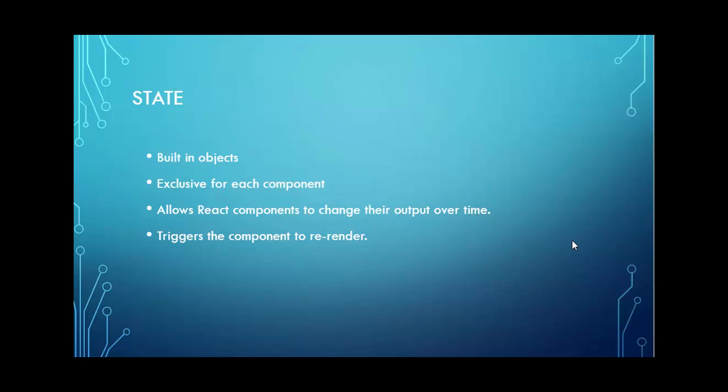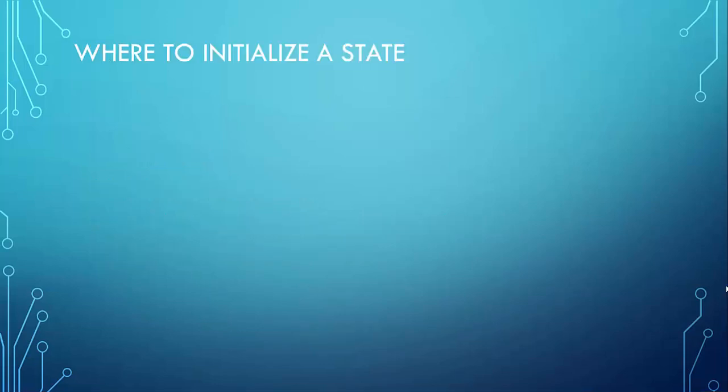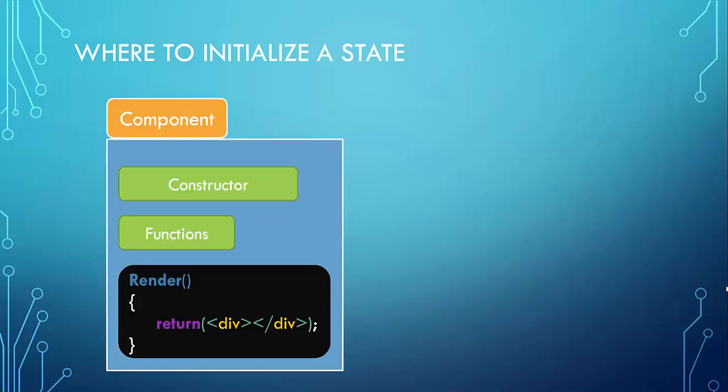So you can imagine that every component has a state, and when the state is changed, the component re-renders to display the modified state. And now you might be wondering where to place this state inside our React component structure. We know that our React component structure is similar to this one.